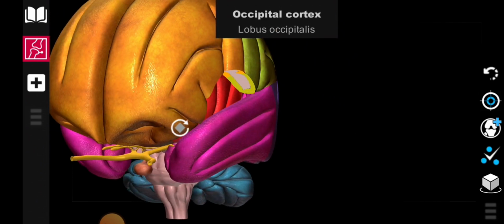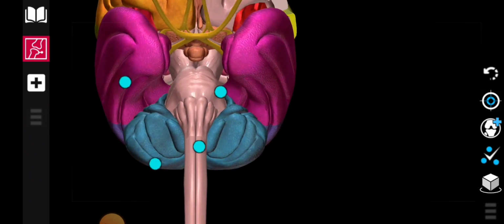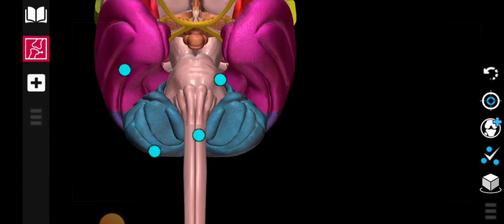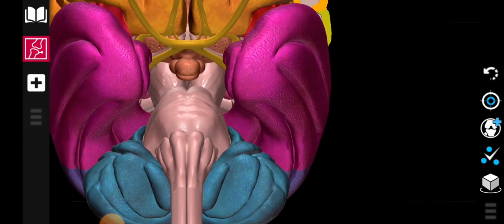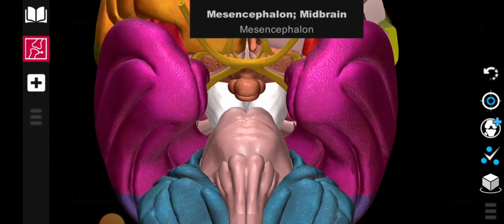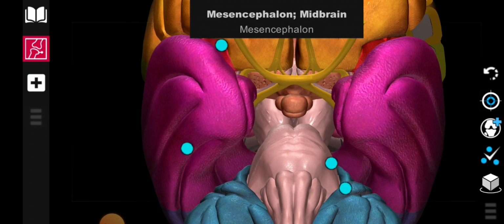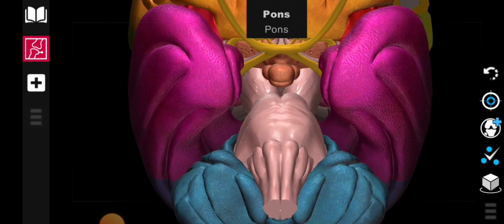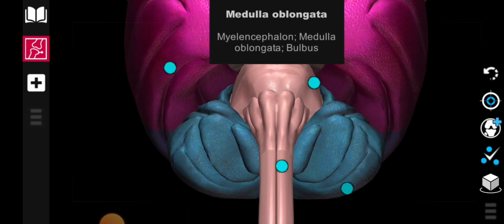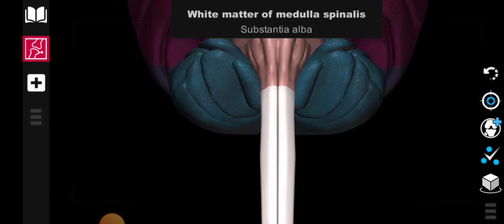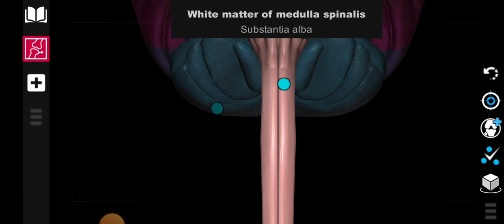So if I turn to the inferior aspect or base of the brain, what do you see here? Let me make it a little bit enlarged. This portion is the midbrain, and this is the pons, which we will be studying later on. And this is the medulla oblongata, which of course continues as the spinal cord below, right?